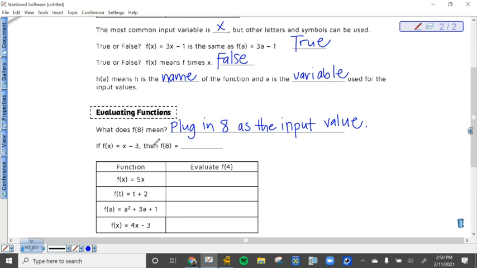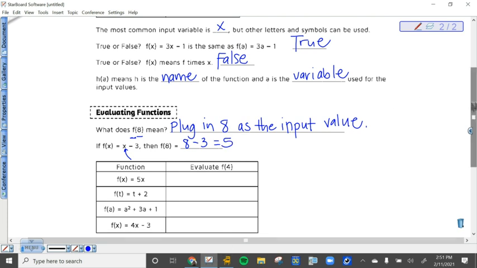What did we say? F of 8 means we plug in 8 as the input value. What is my input value in f of x equals x minus 3? X. So that means I plug in 8 for x. So f of 8 equals 8 minus 3, which equals what? Good.